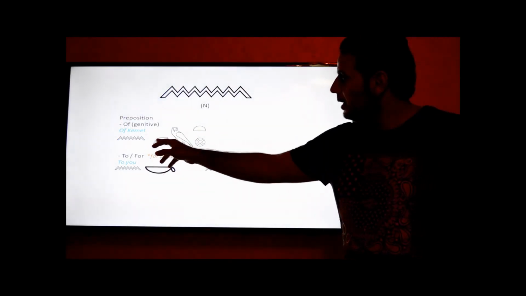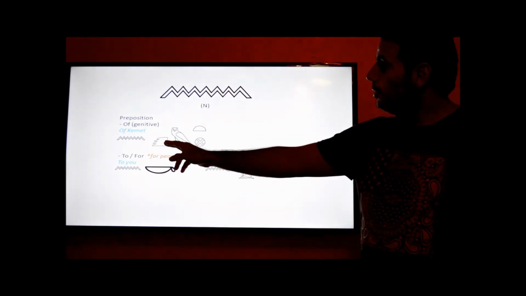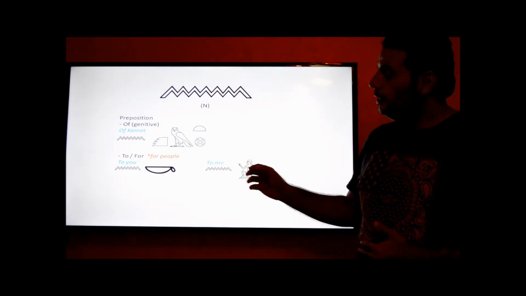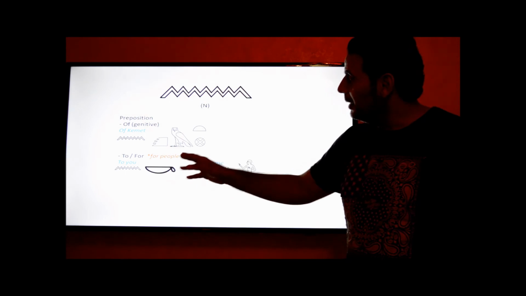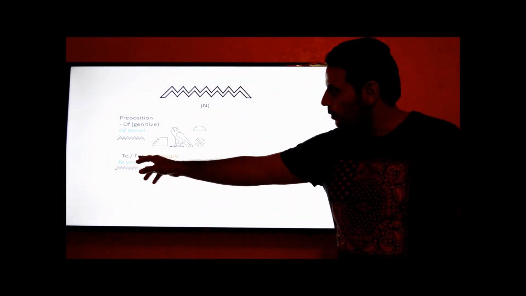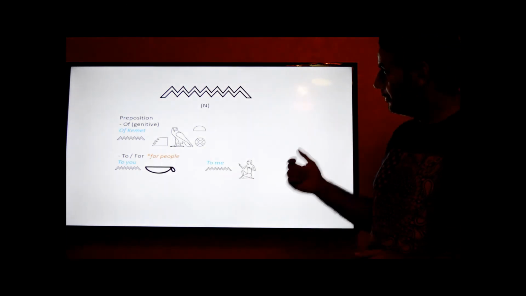Like here, in Kemet, of Egypt, or of Kemet. Also, to or for: when I say to me, N-E, to you, N-E. But it comes for people. When it comes as to or for, only people, not any other thing.